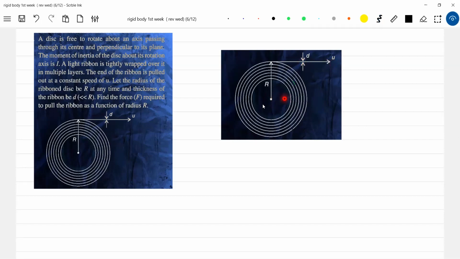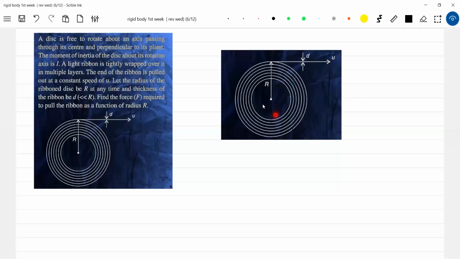I think it will not roll when it's passing through the center and perpendicular to its plane. Find the force required to pull the ribbon as a function of R.